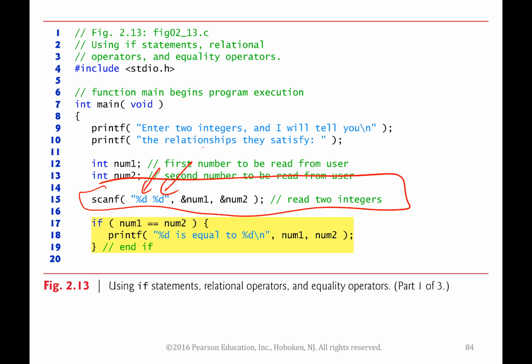It says enter two integers, I'll tell you the relationships they satisfy. And then we're doing a scanf and we're putting a %d space %d close quote. That's our format string. Remember the scanf is formatted input from the standard input device, which is the keyboard.